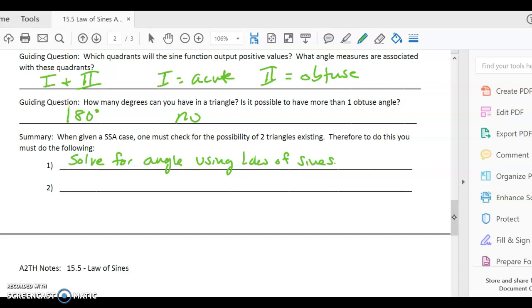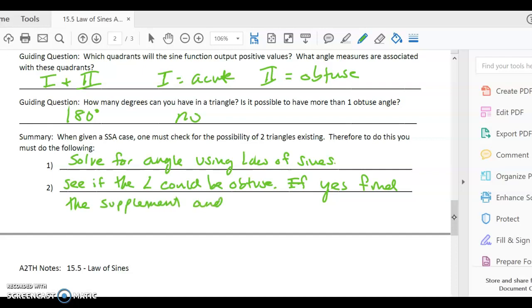Number 2, see if the angle could be obtuse. Basically, does it make sense geometrically? If yes, find the supplement, and redraw the triangle with the given information.